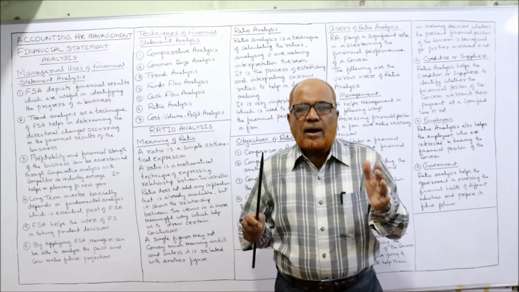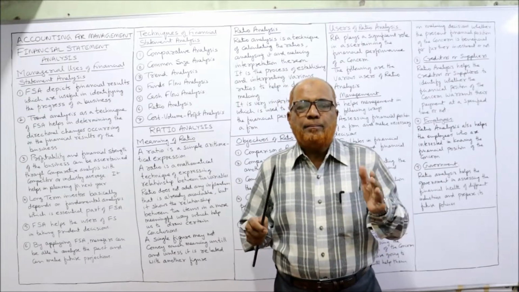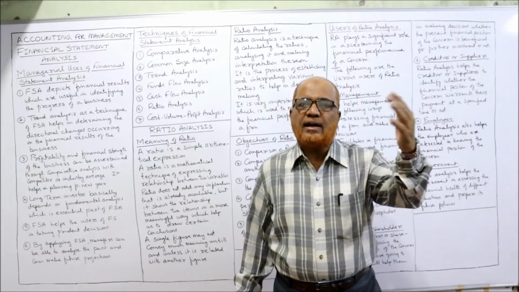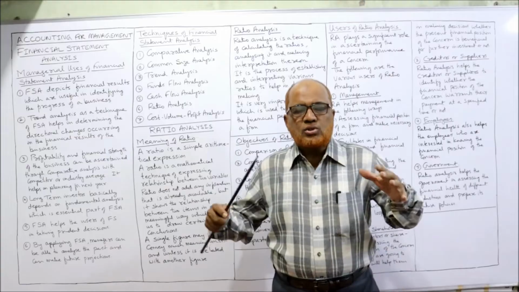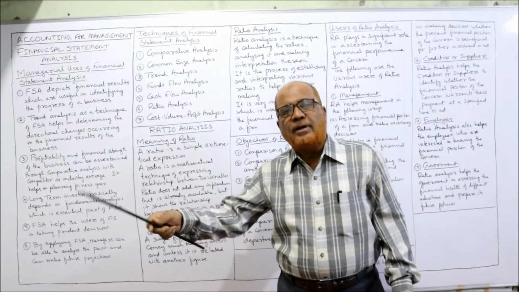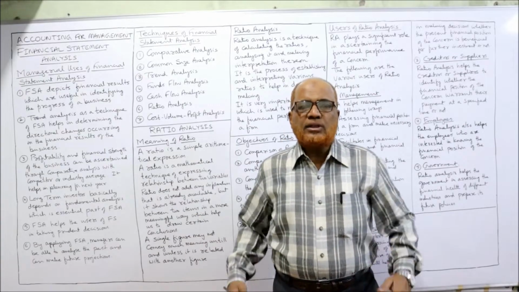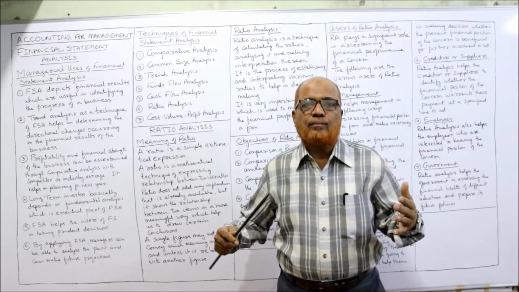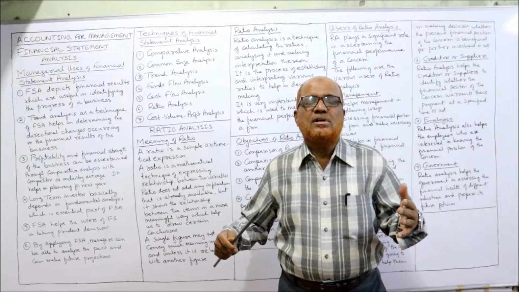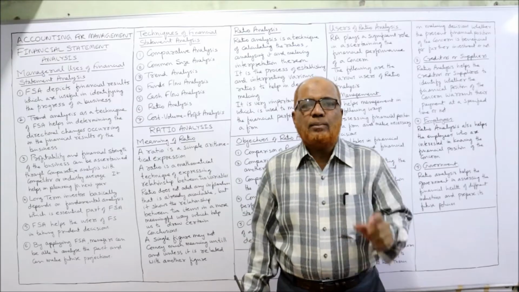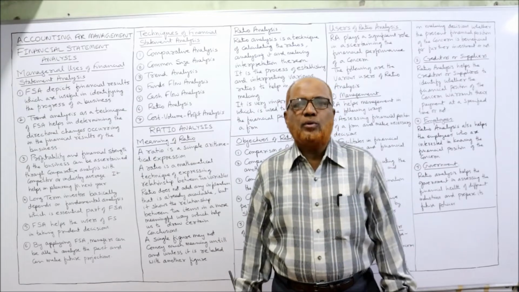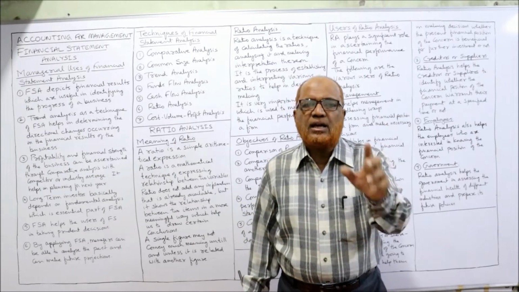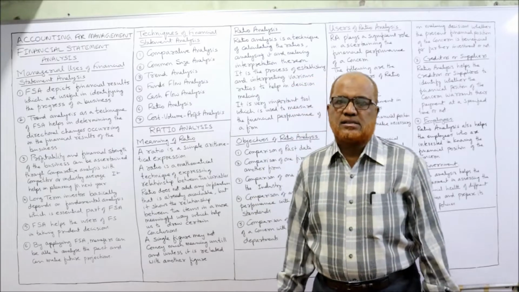By applying this comparative analysis, a business can compare its own performance with the industry or with the competitor's performance, so that the business can make some planning on how to grow, how to improve the business's financial performance. Only by comparison can we do this, and comparative statement analysis is one of the techniques of financial statement analysis.